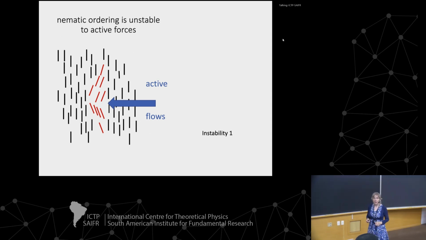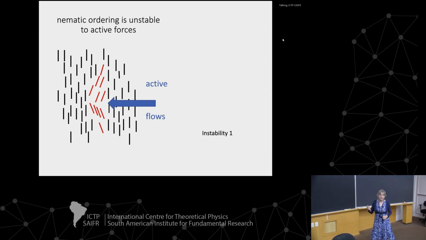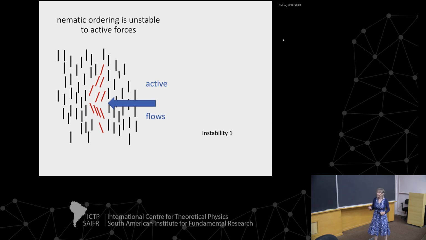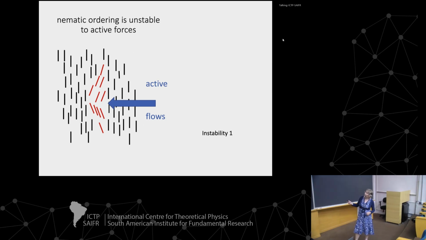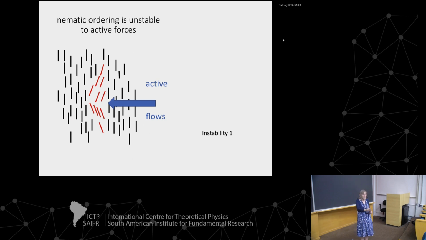Right. So now let's see what happens. I've got two ways of explaining this. I'm going to explain it twice. This is the easy way, and then we're going to have a harder way. So my black ones are the nematic order. I said that in a passive liquid crystal, a small bend instability is fine because it will just relax back because of the elastic forces. But this is a place where the order parameter is changing its direction.